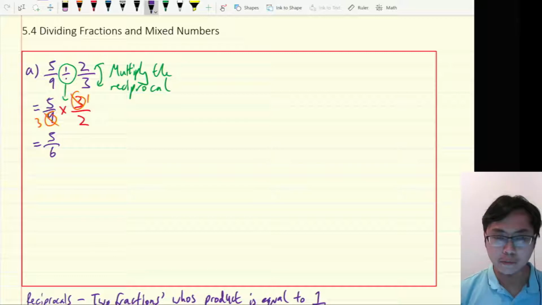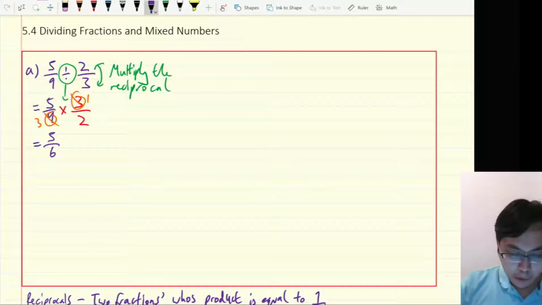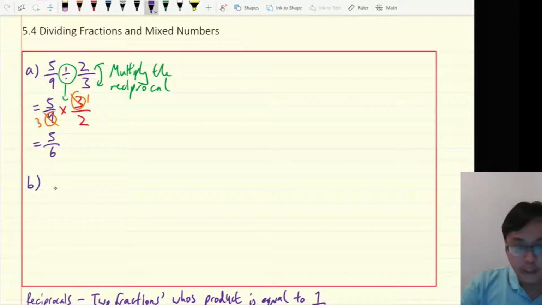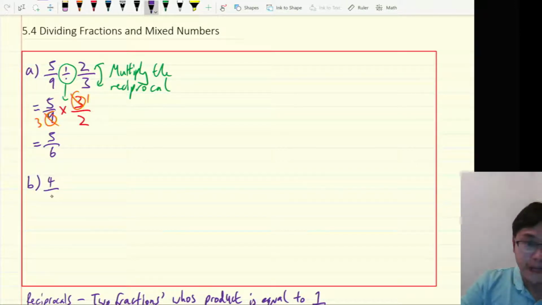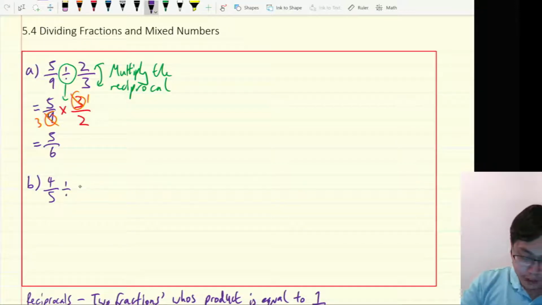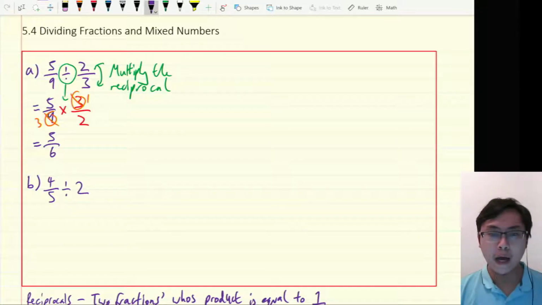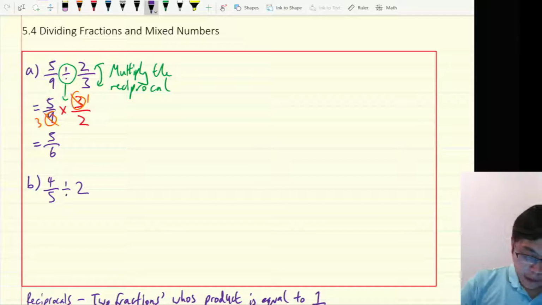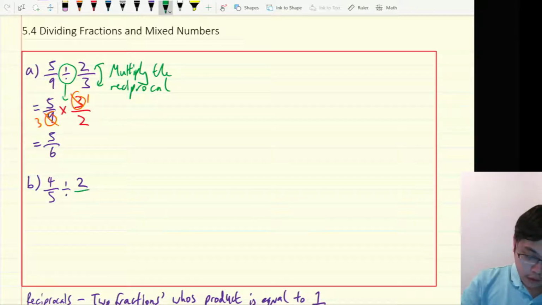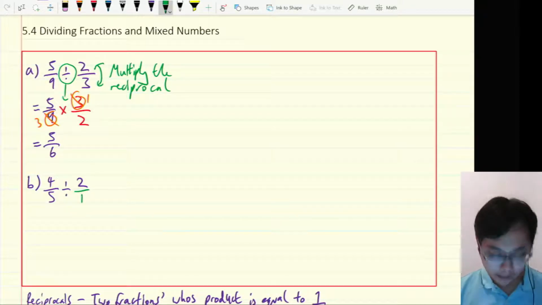Let's do another example. This time let's do b. We have a fraction and we want to divide by a whole number. Let's say we have a fraction over here and we are dividing by a whole number 2. Now what happens with 2? Remember last lesson, instead of writing my 2 directly at the middle, I wrote it slightly to the top, and then you can write an invisible 1 at the bottom.